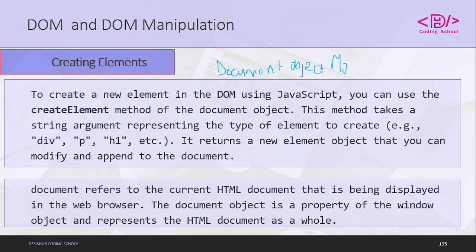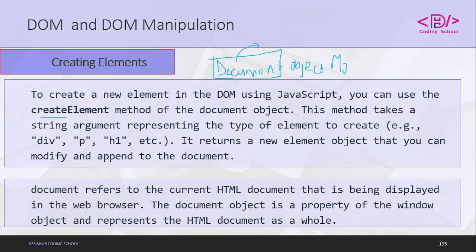So this document here, which is our HTML document, has some methods on it, or some functions that we can access and use to manipulate the DOM. Okay, so the first method we're going to look at is called the createElement method.